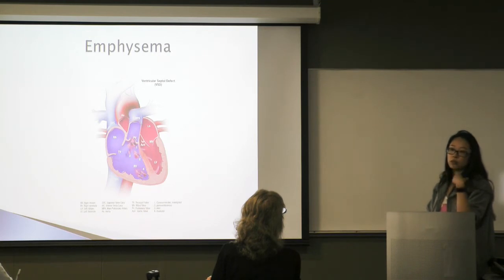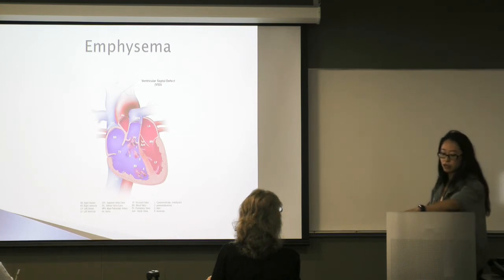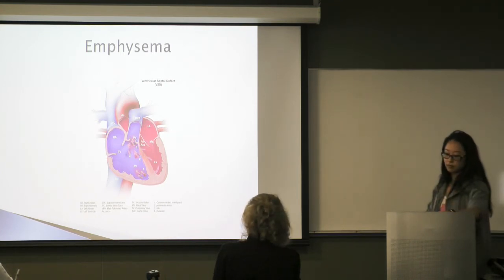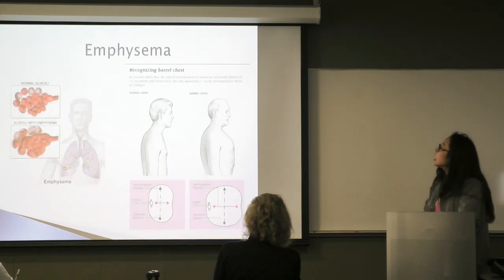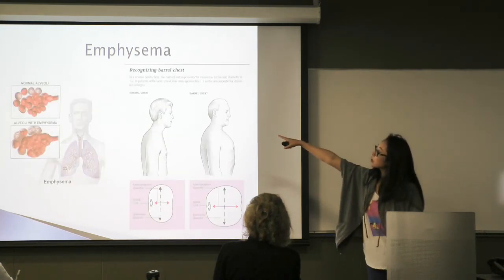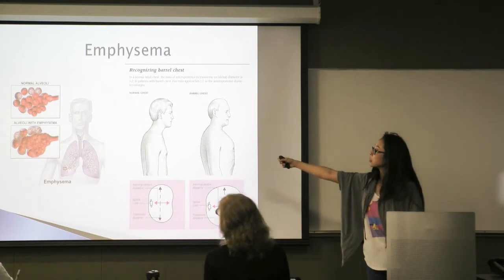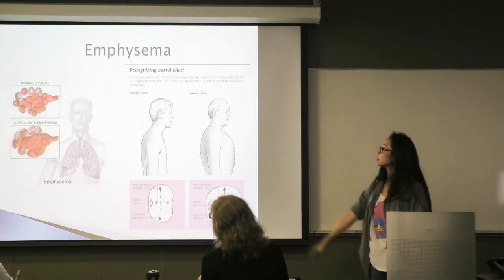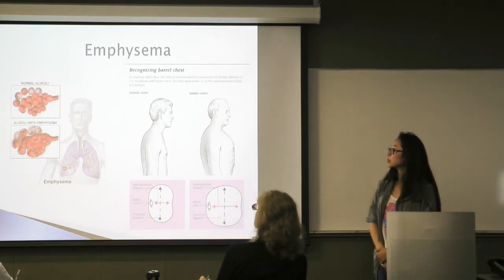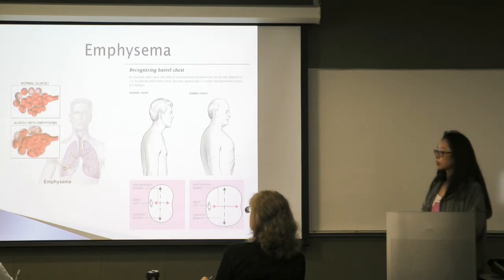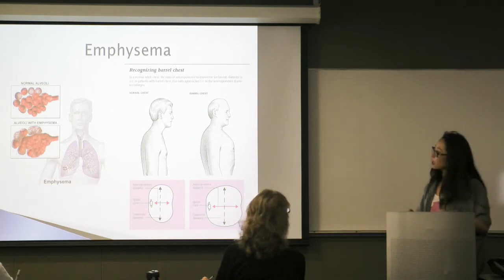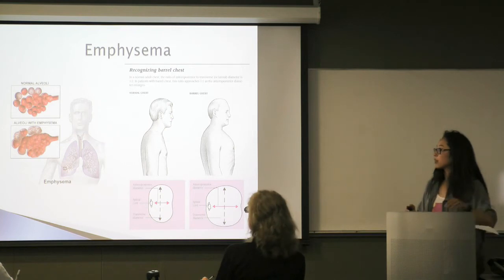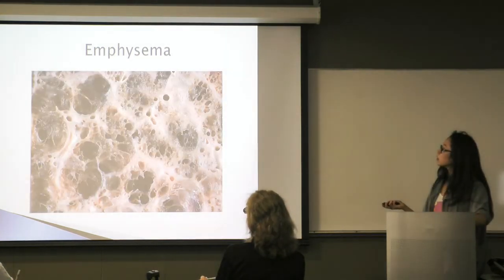The right ventricle would be pumping harder to try to get as much oxygen flowing to the rest of the body as it can. And at the top, you'll see the normal alveoli, so it's nice and spherical, but then someone with emphysema will have those damaged alveoli. I only found an animated picture, but I still think that shows pretty well.